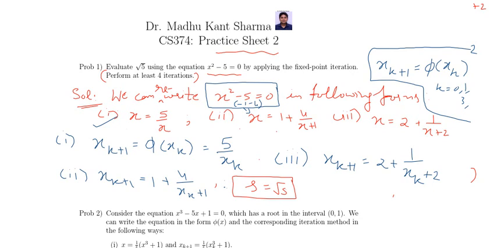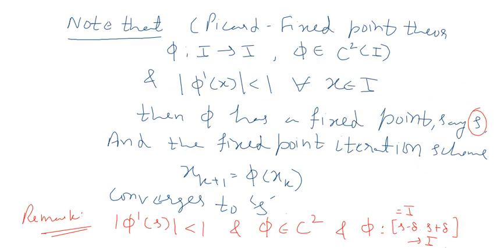Right, so let's move to the next phase. If I pick up the first case, where phi of x is 5 by x, this is certainly continuous and differentiable except at 0. Containing an interval, it will be differentiable as many times as you wish.